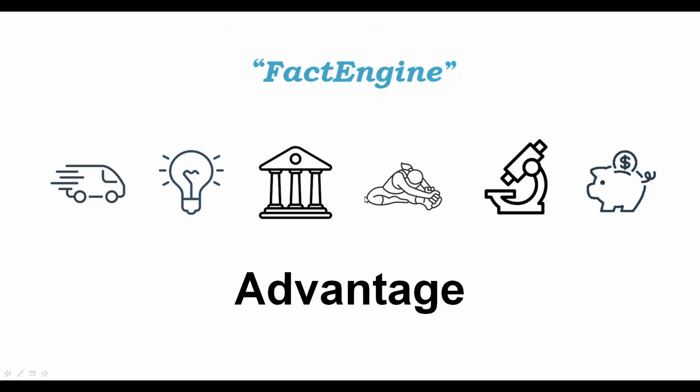The FactEngine Advantage works like this. In terms of being able to get up and running, it's extremely fast to implement FactEngine and Boston. So you can self-host Boston. You can sign up to an account with FactEngine, or you can run desktop versions of Boston.